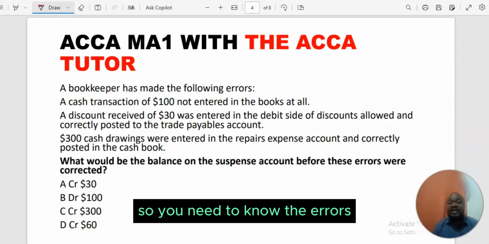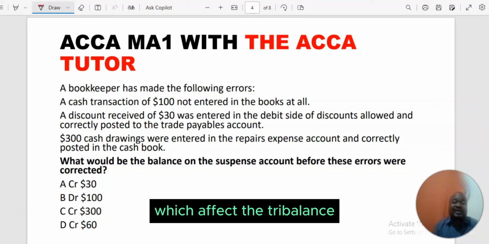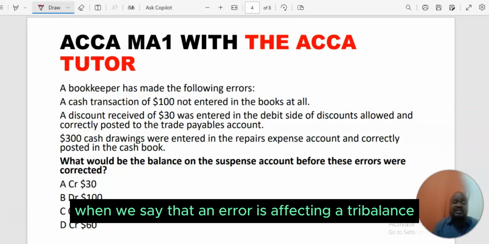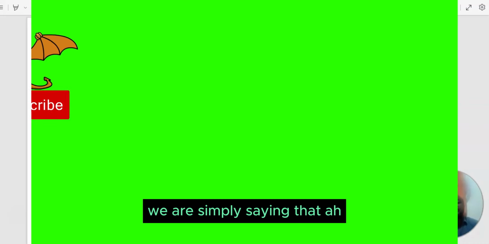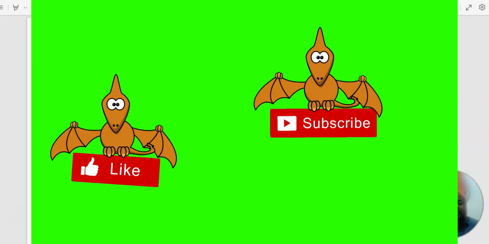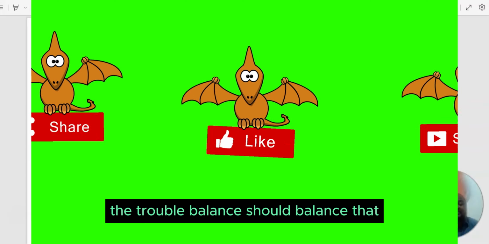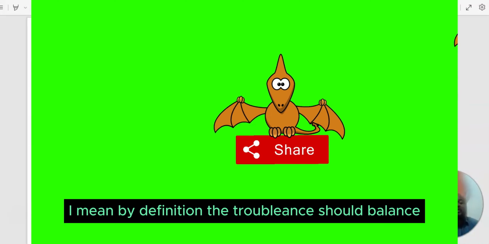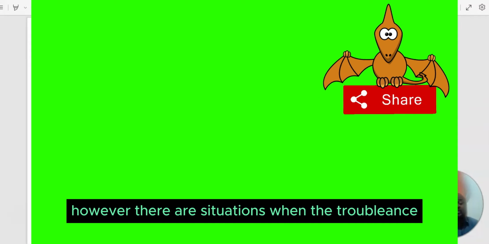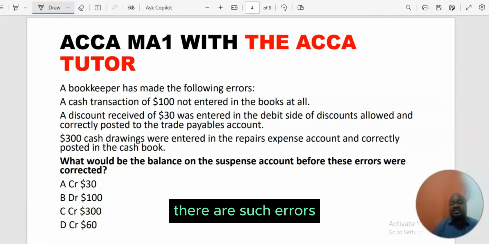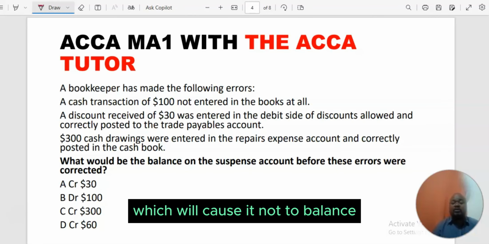So you need to know there are errors which affect the trial balance and errors which do not affect the trial balance. When we say that an error is affecting a trial balance, we are simply saying that the error is causing the trial balance not to balance. Remember, by definition, the trial balance should balance. However, there are situations when the trial balance is not going to balance. There are such errors which will cause it not to balance.